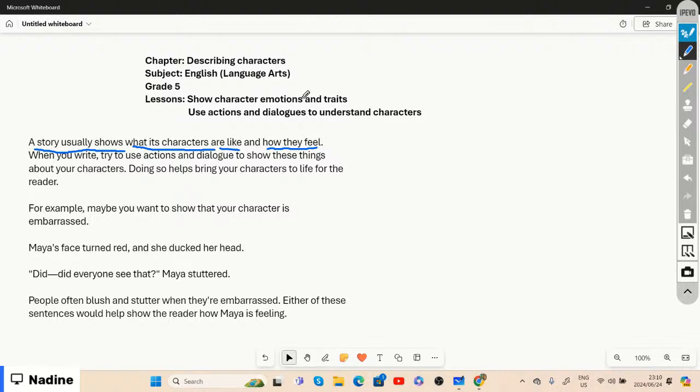They are talking to one another. Which means that characters can also be things like cars. Characters can be trees, or plants. I can't think of a movie now, but if you can think of any, you may just let me know. That can also be a form of a character. In a story, a play, or a movie, a story usually shows what each character is like and how they feel.